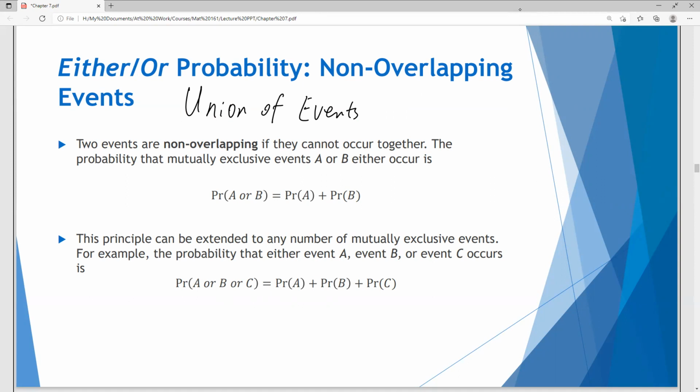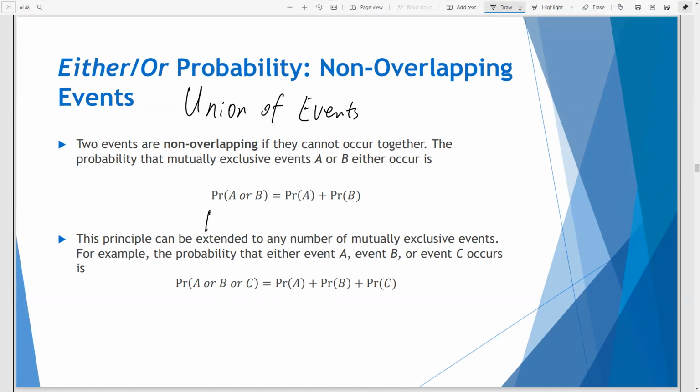That's kind of an effect. The probability of mutually exclusive or non-overlapping events, in other words, A or B occurring, is just their sum.